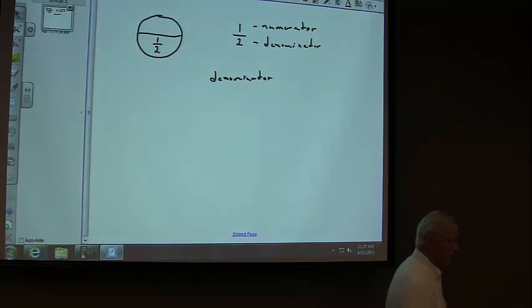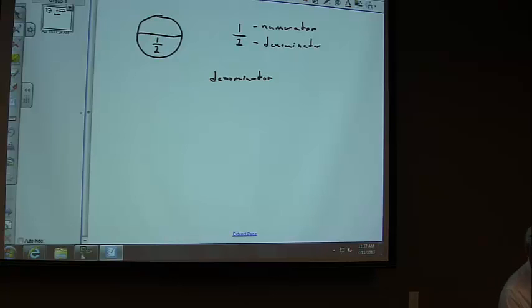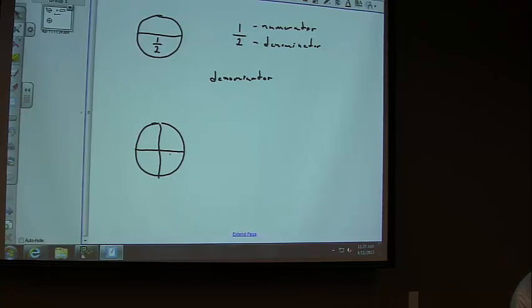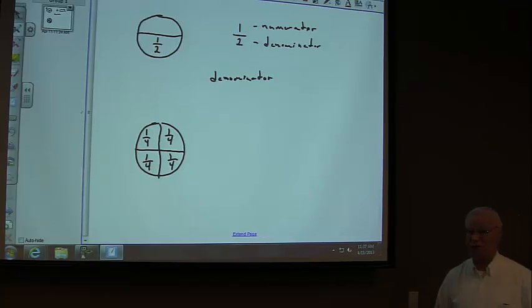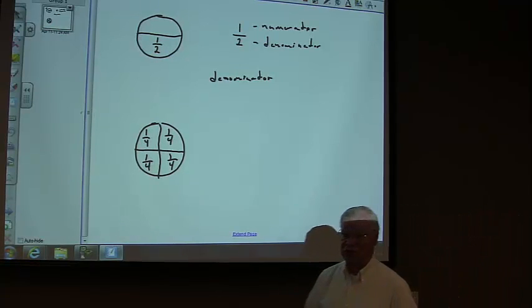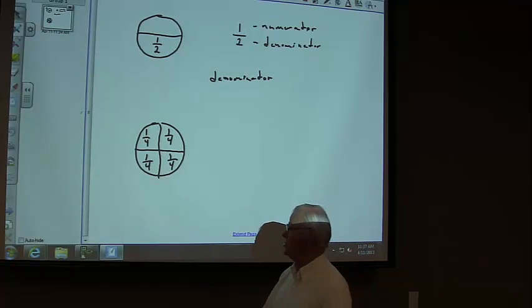If I were to talk about a pie that I cut into 4 pieces, then each one of those would be 1/4. Notice that fits with our idea of division being shown by a fraction as well.